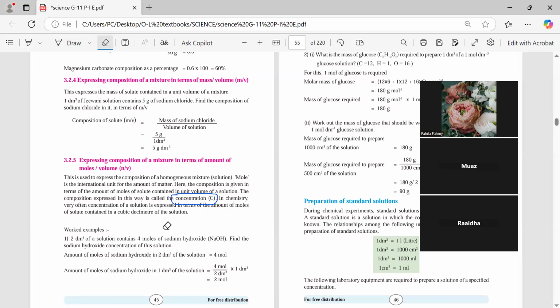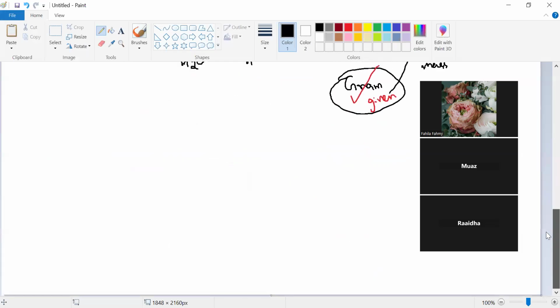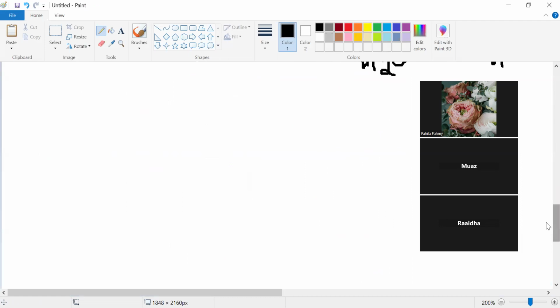Sometimes they won't give you the number of moles. To find the concentration, what do you need basically? In chemistry, if you want to find the concentration, you need N divided by V: the number of moles and the volume that you're going to dissolve it in.